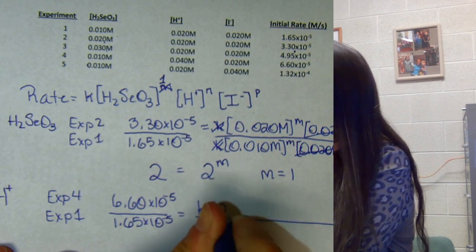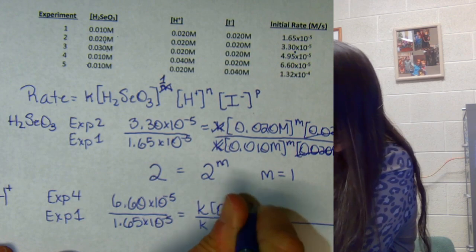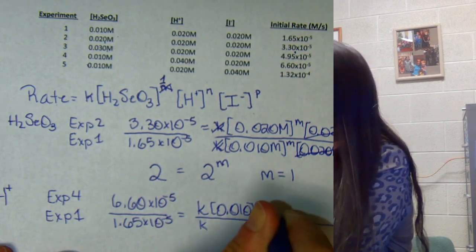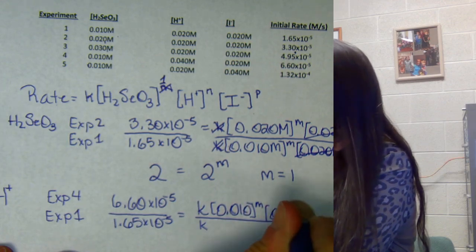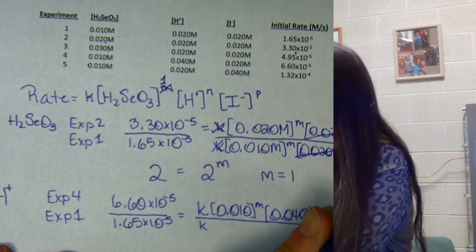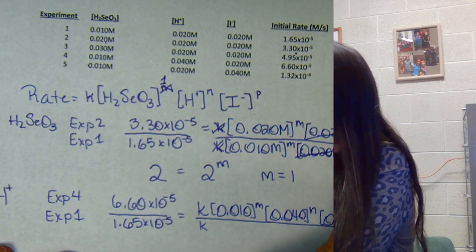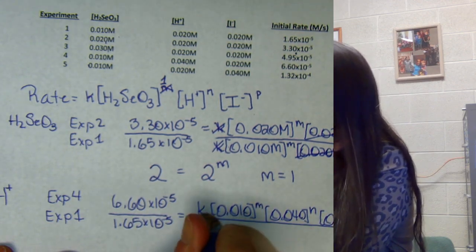Experiment 4 for the hydrogen and for the iodide, and then experiment 1 for each of the chemicals.